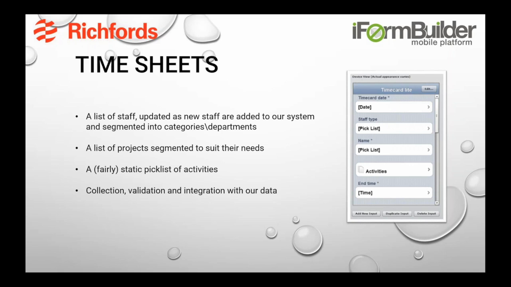I'm not a very good JavaScript programmer, so much of the validation actually takes place once we collect the data, which we actually pull at periodic times from the iForms through the API. The validation mostly goes right, and it throws out emails to our admin staff to query when we've got issues with timesheets.